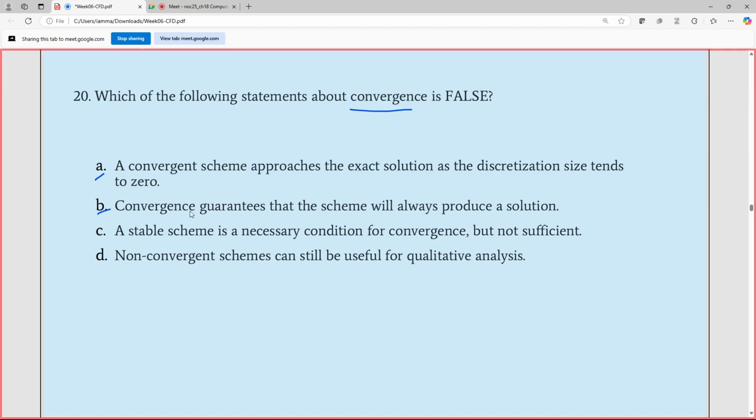Option B. Convergence guarantees that the scheme will always produce a solution. Option C. A stable scheme is necessary condition for convergence but not sufficient. Option D. Non-convergent schemes can still be useful for qualitative analysis.